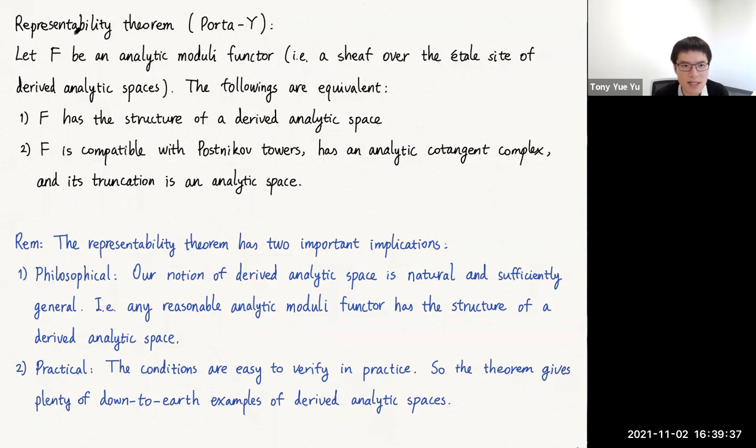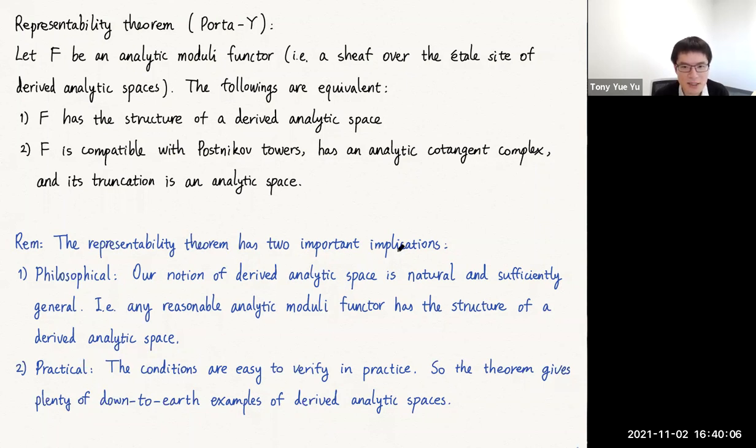Because we see that by the representability theorem, any reasonable analytic moduli functor now has the structure of a derived analytic space. And this shows that our notion is sufficiently general to cover these cases of interest coming from moduli problems.